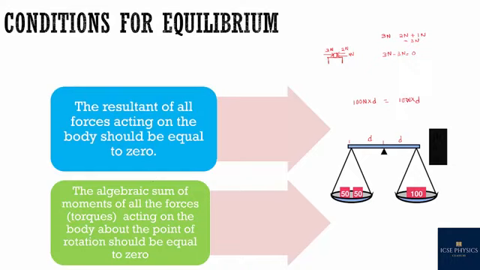So when the algebraic sum is equal to 0, if I take it to this side, 100 Newton into d minus 100 Newton into d is equal to 0. So the algebraic sum of the moments of force is 0. When these two conditions are achieved, then a body is said to be in equilibrium.